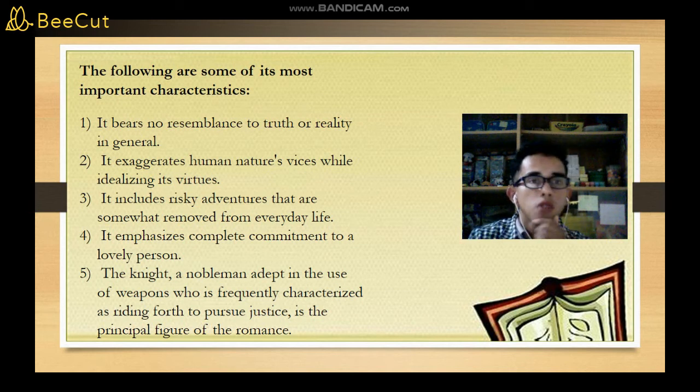About the characteristics, mostly they were fans of using knights or warriors. Knights became popular during the Anglo-Norman period, or the medieval period.